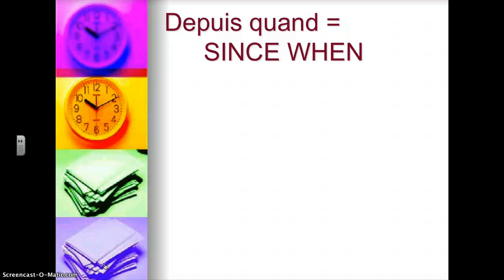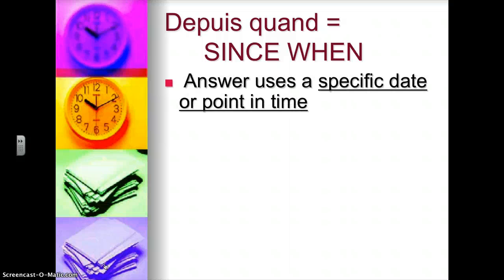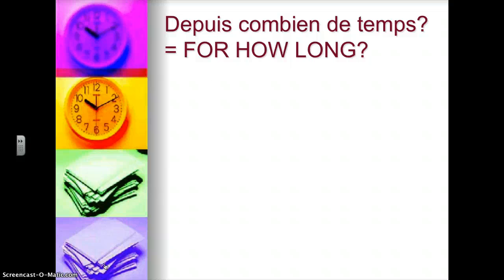Alright, so we're going to use two different questions with depuis, and you might have figured out what they are based on our little English examples. Depuis quand is the first question. It means since when. Now, this answer is going to use a specific date or a specific point in time because I want to know when exactly. The contrasting with that is depuis combien de temps.